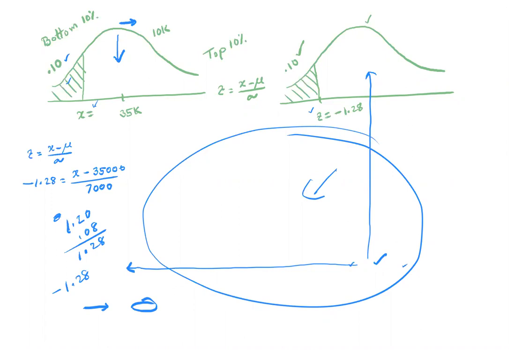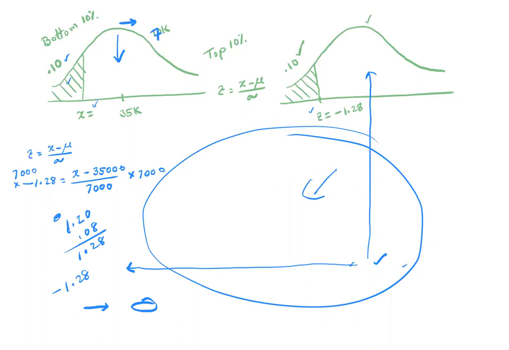I meant to say 7,000, it was 7,000 in the last one. Then multiply both sides by 7,000. Negative 1.28 times 7,000 gives you negative 8960.